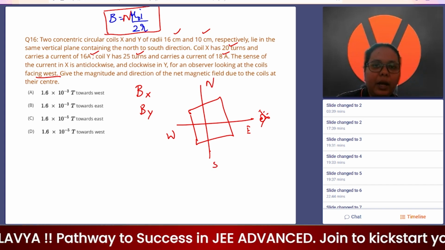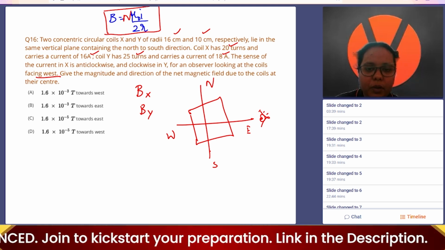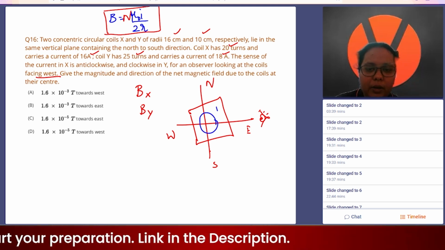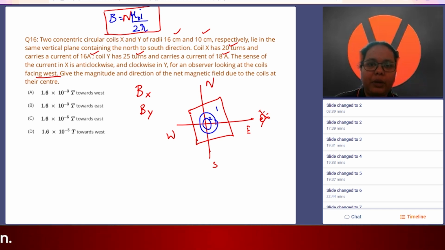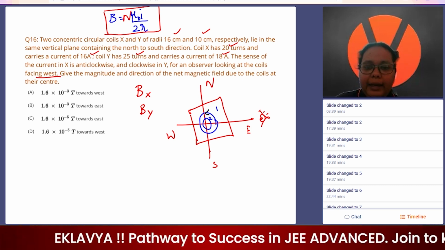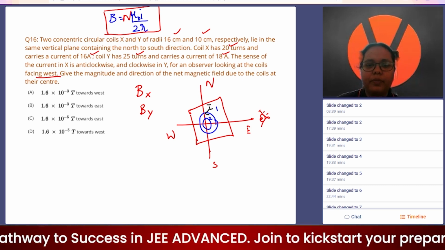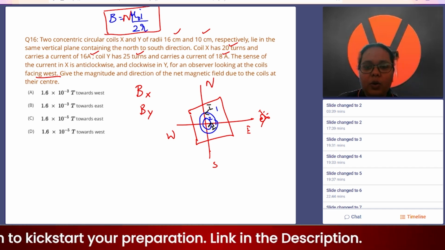Now there are two coils, coil 1 and coil 2. You can keep coil 1 as the X coil. In coil X, current is in anti-clockwise direction, and in Y, current is in clockwise direction.